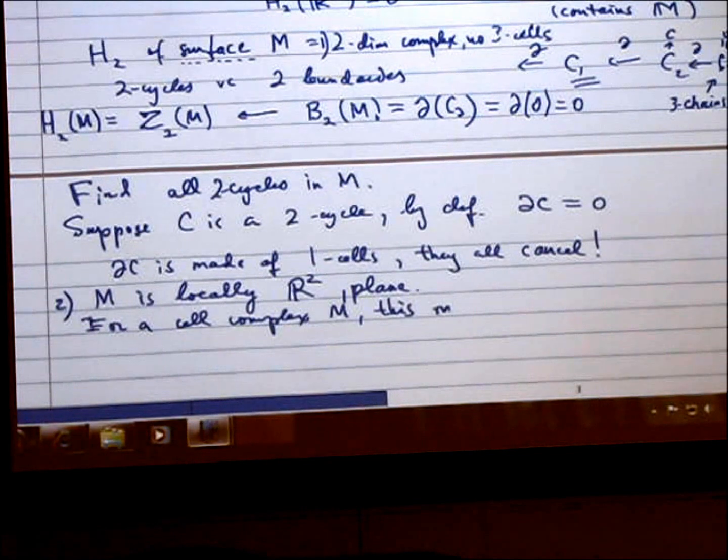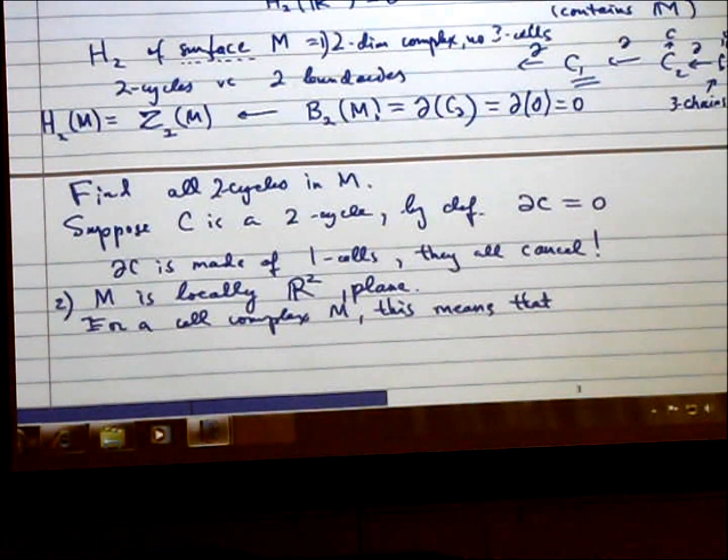We discussed this. What does it mean about the cells of M? I want to say something about being differentiable. No, we don't do any differentiability whatsoever.